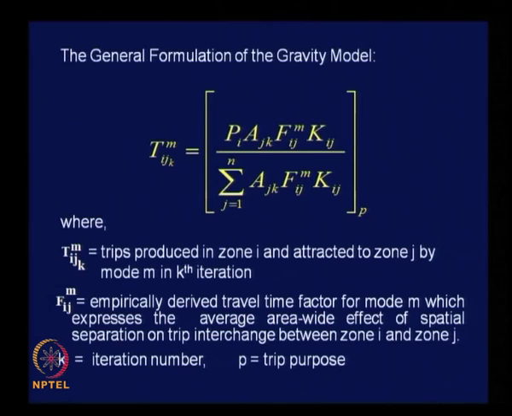Consider trips made by foot, walk trips. What will be the extent of distribution of trips from one traffic zone? Maybe it may extend over the adjoining traffic zones, the distance involved being not more than 1.5 or 2 kilometers maximum.